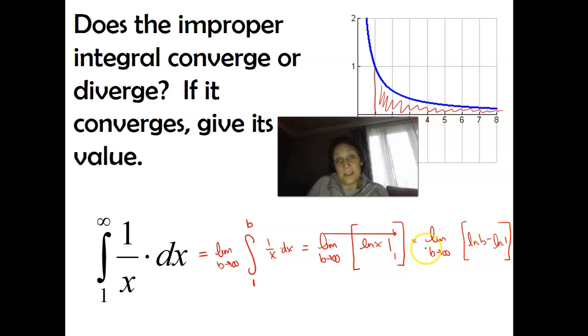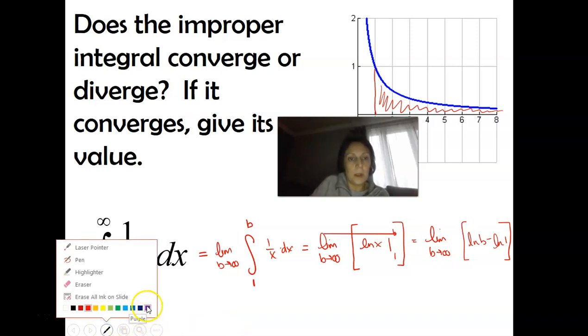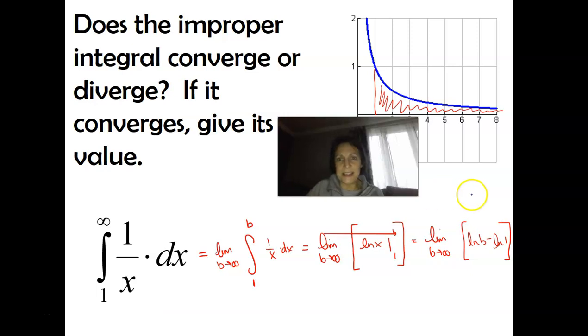The ln of 1 is just 0. Right? The ln of 1 is saying, what do I have to raise e to get a 1? And the answer is 0. So all I really have here is the limit as b approaches infinity of the natural log of b. And they could have given you this in chapter 2, right? We just have to evaluate this limit.